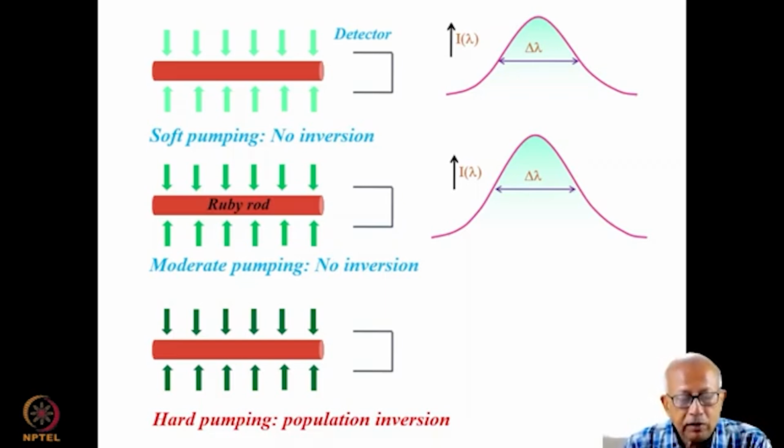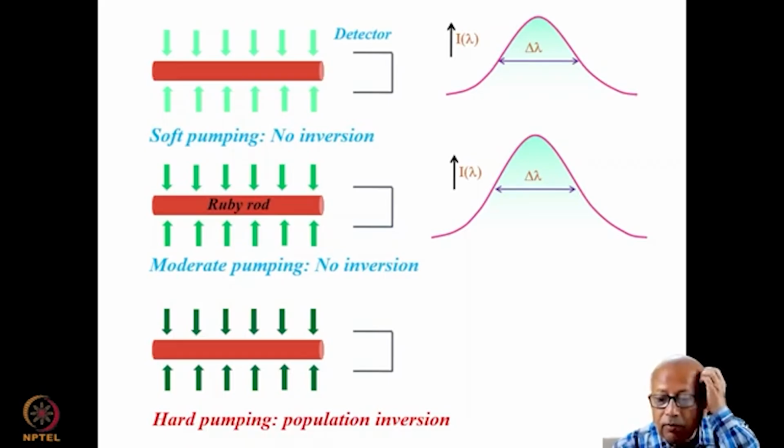In the third case, Maiman pumped his ruby very hard by making the flash lamp produce many more photons within a given area. The pumping was so hard that in this case, population inversion was created along the length of the ruby rod.